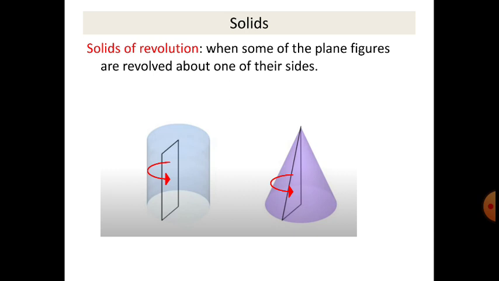It's called as pyramid. Next is the second type, solids of revolutions, when some of the plane figures are revolved about one of their sides. As you can see in the image, in the cylindrical image, you can see a right angle rectangle, okay, which is making a 90 degrees to the base, so it is called as right angle.